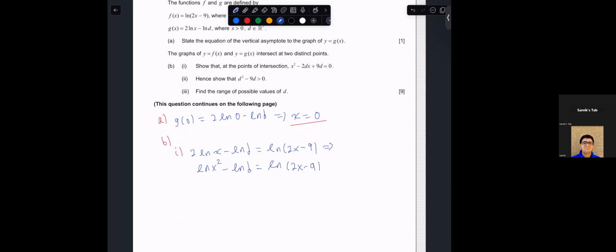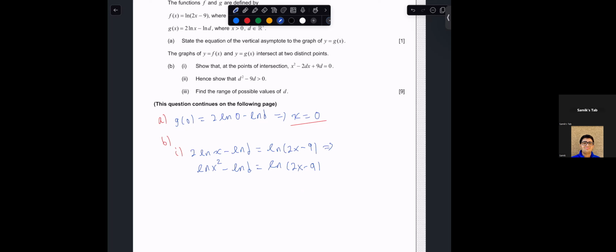These log rules you have to memorize. For the IB diploma, there are some formulas given, but not all, so you have to memorize some regardless. I would just say memorize all of them, because it's easier than flipping through the pages during the exam. You'll at least save some time.